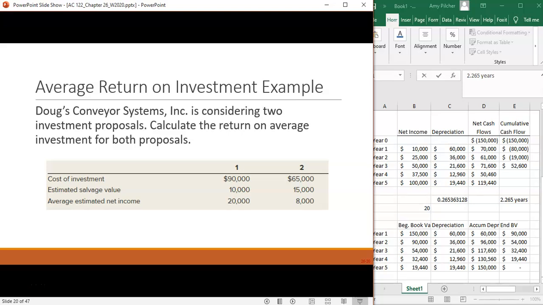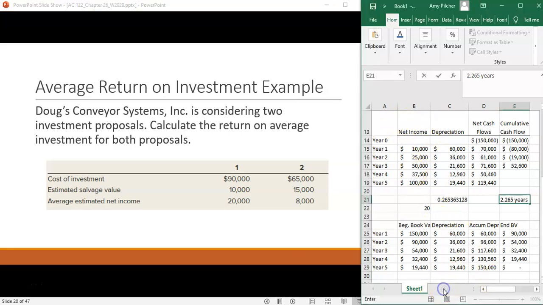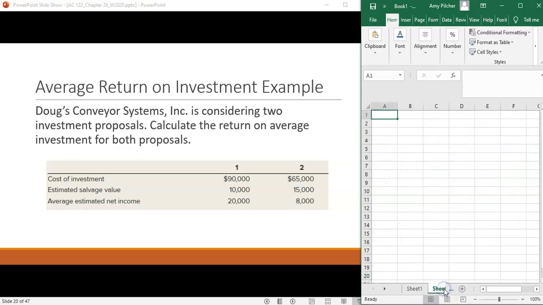So when we're looking at this average rate of return, we're trying to compare these two. So we have our cost of investment, our estimated salvage value, and the average estimated net income. So first, to calculate our average investment, we take the original cost plus the salvage value and divide by 2.